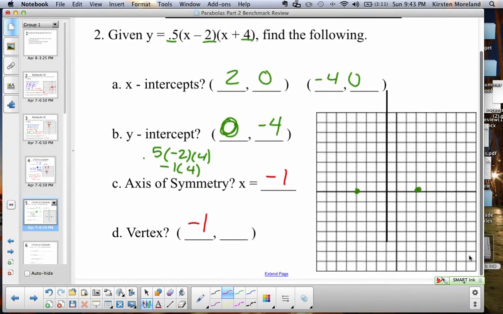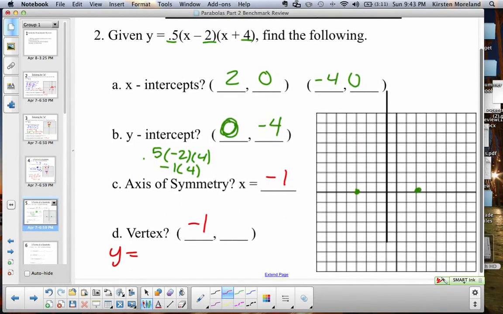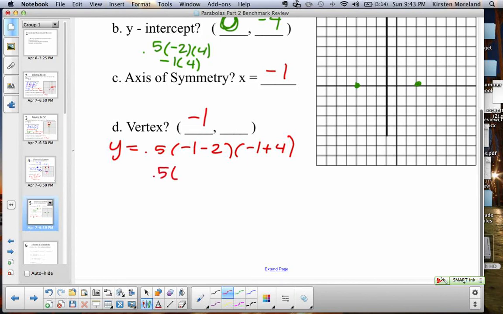So last step, take your equation of 0.5 times x minus 2 and x plus 4. Notice I left the x's alone because I now know that x is -1. So I have 0.5 times -3 times +3. Half of -3 is -1.5, times 3 gives me -4.5.